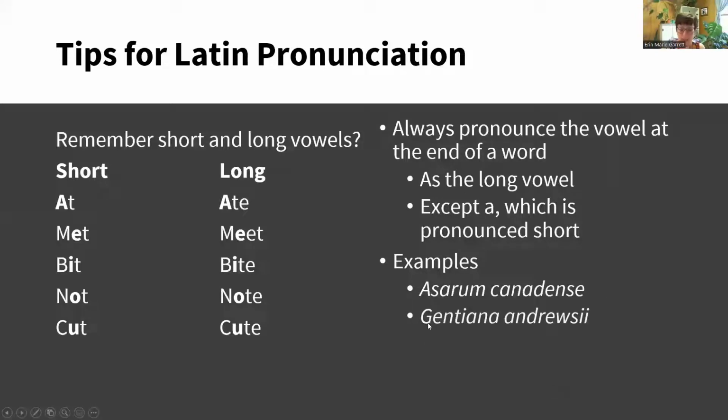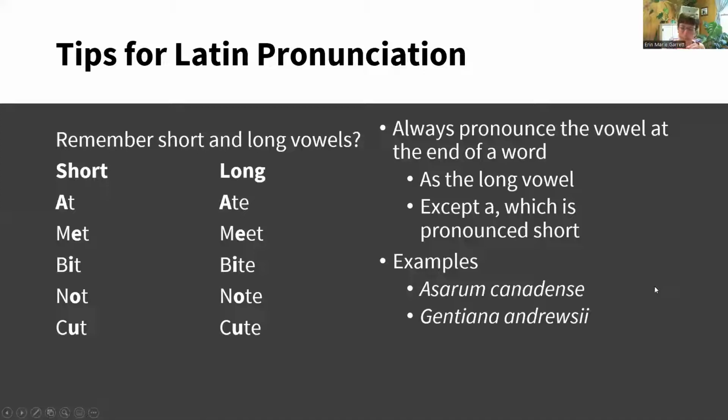Okay, the next one, Gentiana andrewsii. Not gentiana with a sh sound. There's no sh sound in Latin. Gentiana, short A. And then a double I is pronounced a little differently, andrewsii. One thing to note, this is very clearly named after someone.